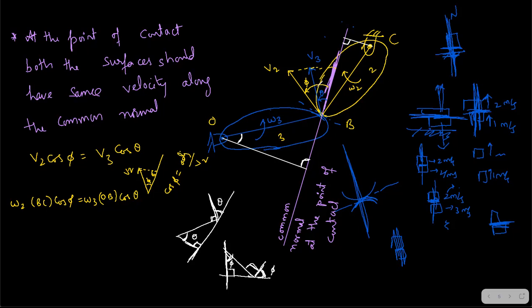So similarly here, if you check this blue link, it's making theta with this common normal. So perpendicular to the common normal, here also it will be theta. The yellow link, with respect to the common normal, is making phi. So perpendicular to it, here also it will make phi, right? So now what is OB, and what is BC?